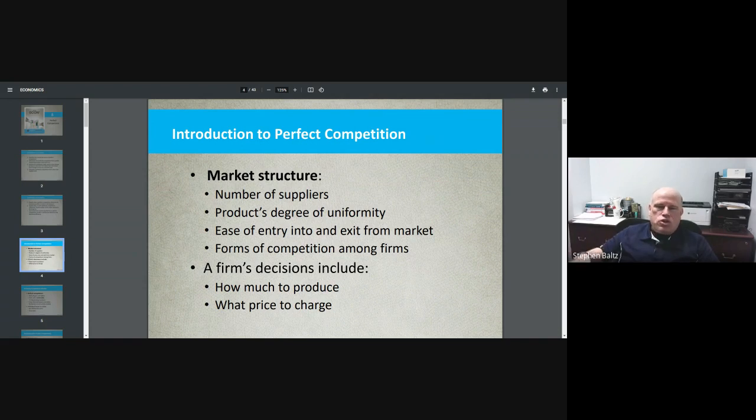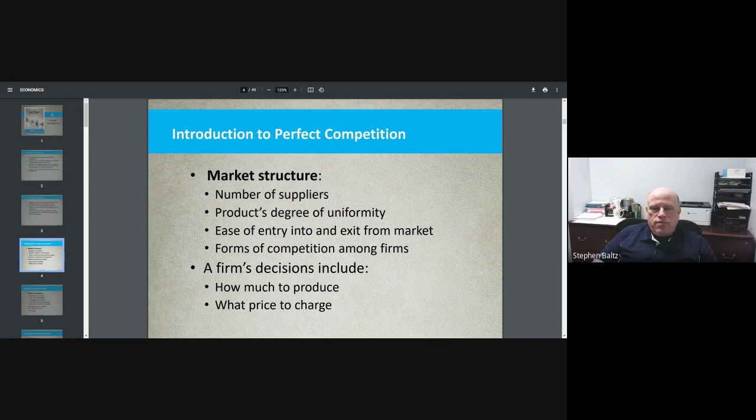Whereas in other market structures like monopoly, oligopoly, and monopolistic competition, there is some competition among firms, but it's not as competitive because the product can be differentiated, and because there are fewer firms producing that particular product as well.